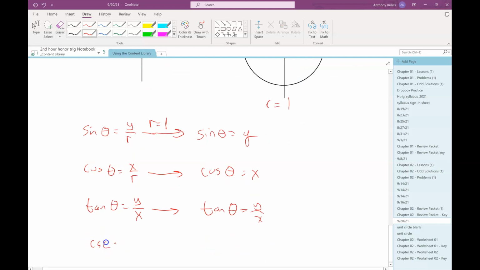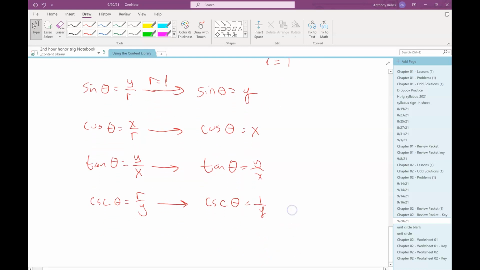Cosecant theta was r over y, but if r is 1, we really have 1 over y, or just the reciprocal of the y coordinate. Secant theta is r over x, so 1 over x.